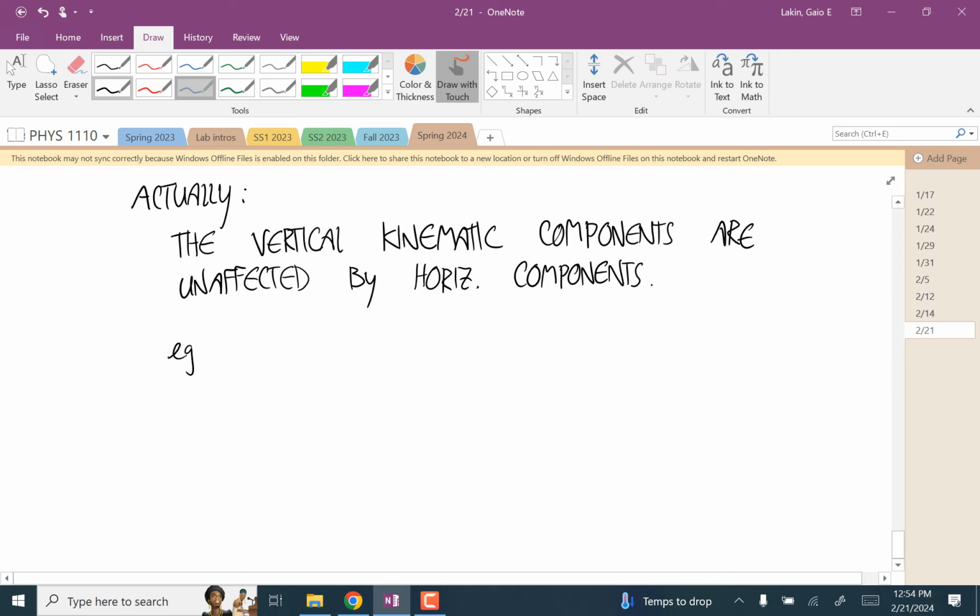So here's the example that I'm going to use. So imagine that there are 2 people back to back. One person is going to fire a bullet. Okay?